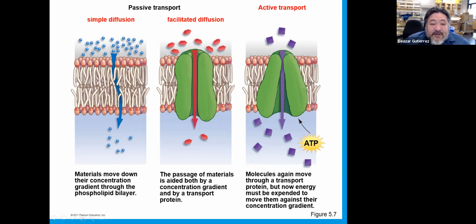Simple diffusion, as the illustration demonstrates, implies that nothing is necessary for it to happen. Okay, so what are we looking at? You already know the answer to this. You're looking for small hydrophobic molecules, some large hydrophobic molecules, and then osmosis, right?